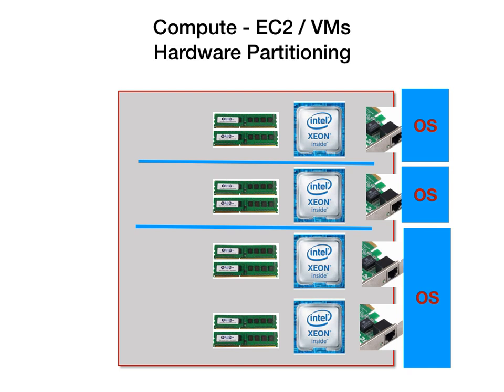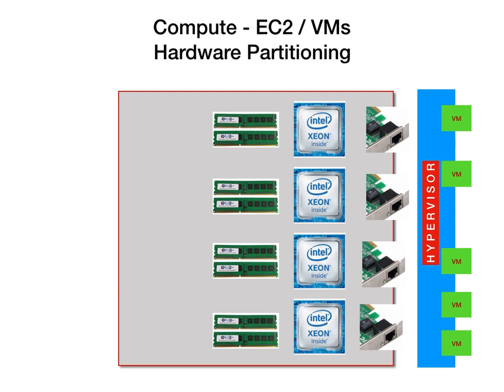Basically, the bottom machine has more capacity compared to the top two machines. Let's say the bottom machine needs to serve two applications with lower capacity. So that had to be split physically again. Or let's say the top machine needs more capacity, so you have to remove the physical partition. Not very efficient.